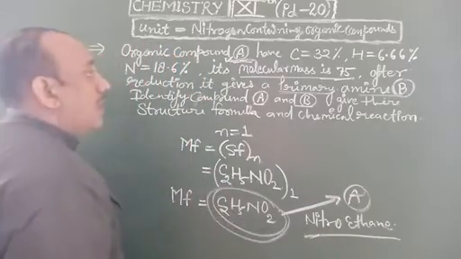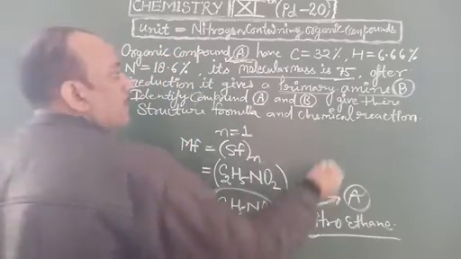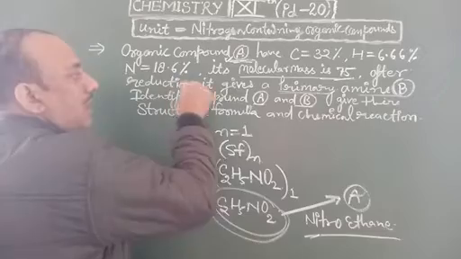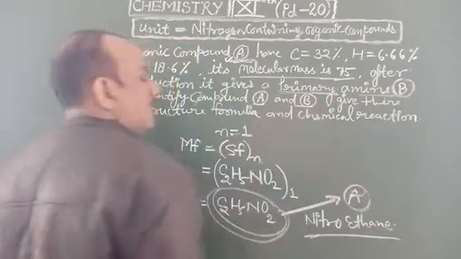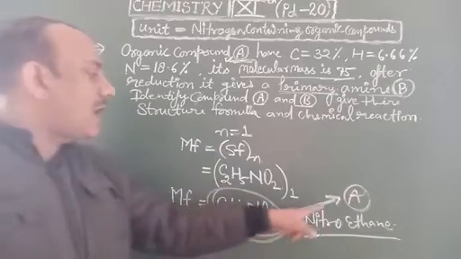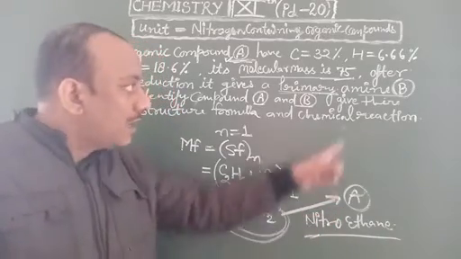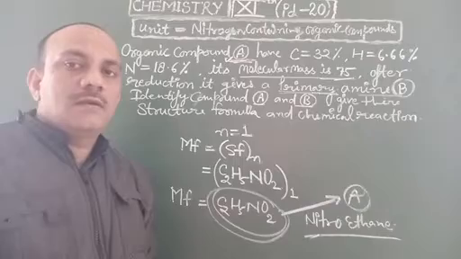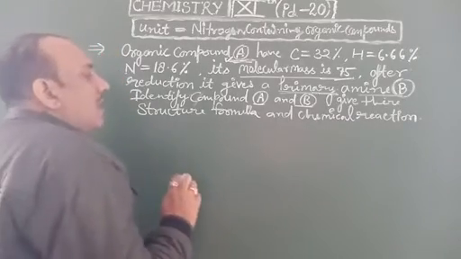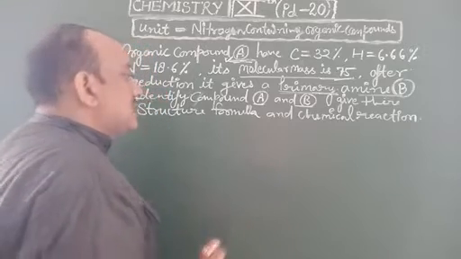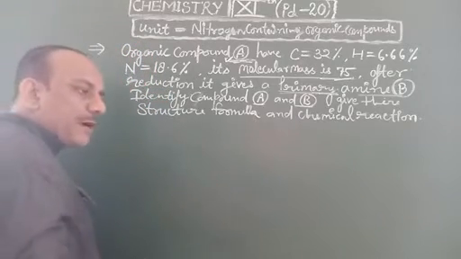Now the question says that after reduction it gives a primary amine B. So the reduction of nitroethane gives a 1 degree amine. All reduction reactions are carried out with nascent hydrogen. How can we produce it?